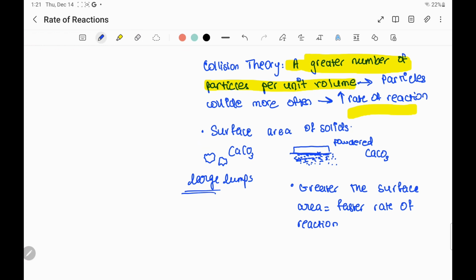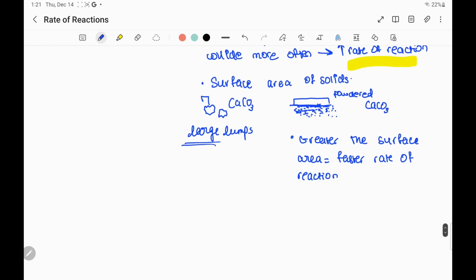And the reason behind that is particles. All your collision theory is related to particles, okay, you guys? Particles collide with the surface of the solid.